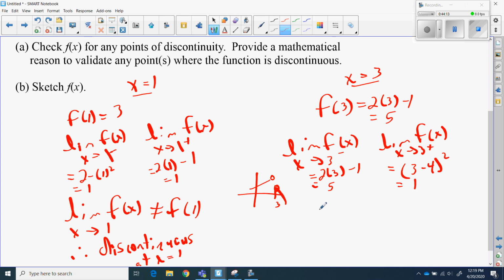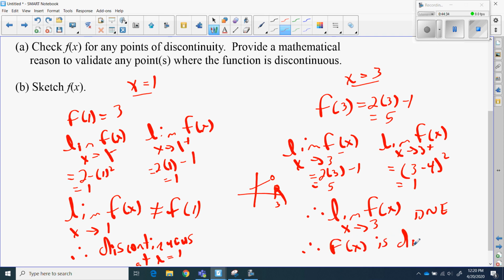Therefore, the limit of this function as x is approaching 3 does not exist, which then leads me to the conclusion f of x is discontinuous, means it has a hole or a gap in the graph, discontinuous at x equals 3.